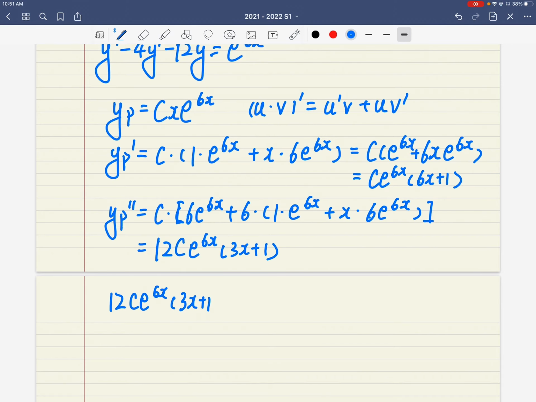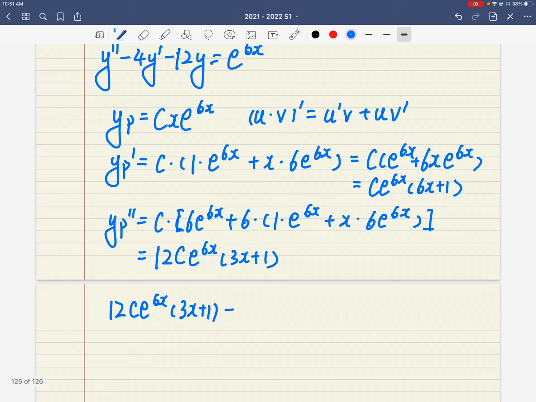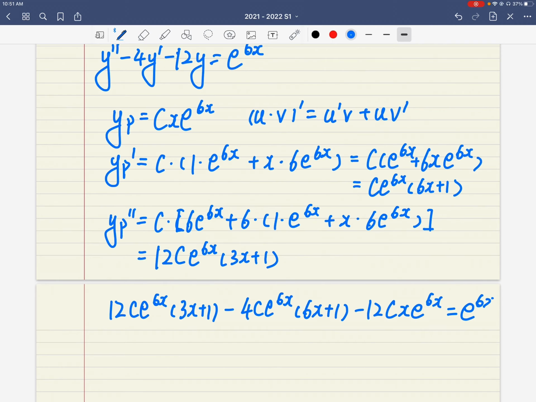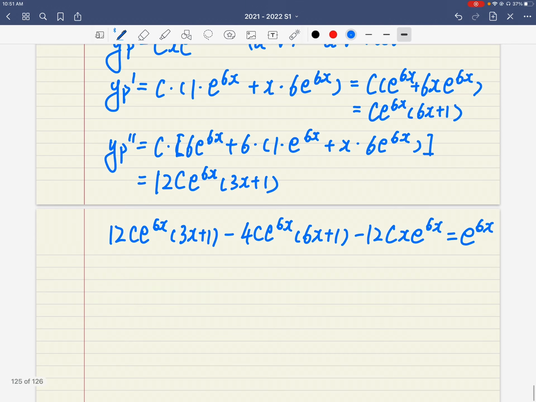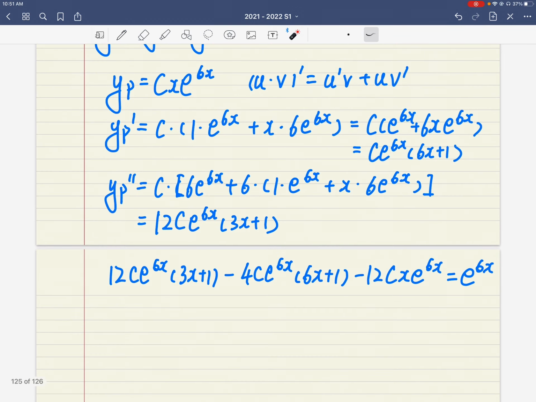Okay, this is the second order derivative minus 4 times the first order derivative, which is 4c e to the power 6x times (6x plus 1), right, minus 12y, y is just c x e to the power 6x, is equal to e to the power 6x. Okay, now simplify everything, right, so I can remove the e to the power 6x.